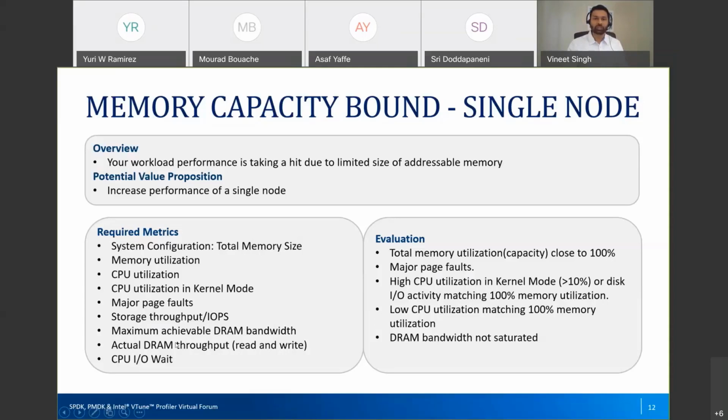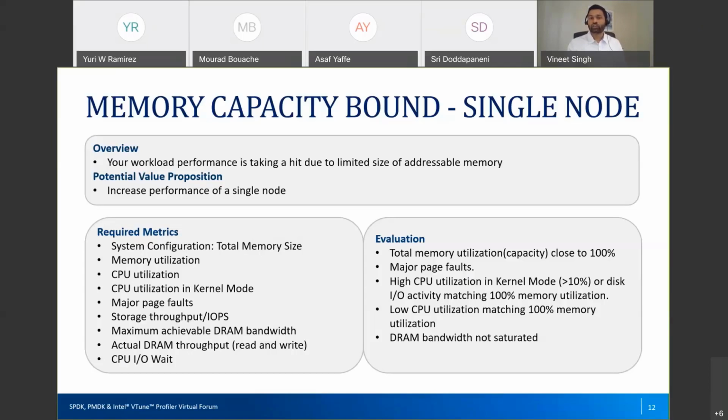And is that behavior actually hitting your performance? So the first step of finding out if you are memory capacity bound and if your performance is taking a hit is, are you using the available memory fully? That is captured in memory utilization. If memory utilization is close to 100%, let's move on to the next step. First thing you need to check is that memory utilization should be nearing 100%.